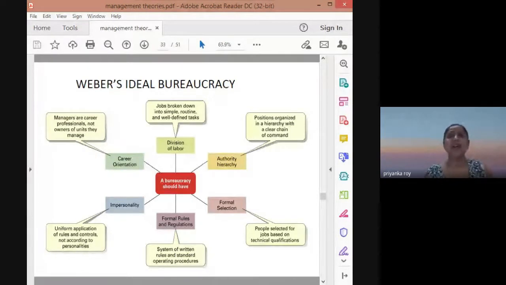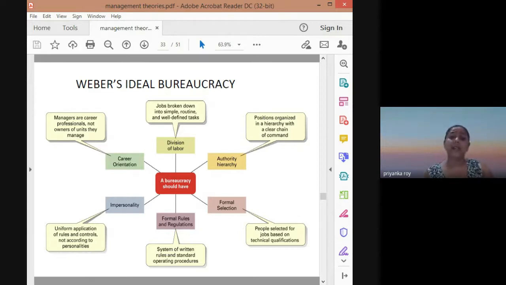Similarly, a doctor will have to have a basic understanding, MBBS and human anatomy, to apply for a job as a physician in a hospital. Similarly, it works for an electrician or anyone in particular. So there has to be a technical qualification standard. Now, formal rules and regulations says that a system of written rules and standard operating procedures should also be there.